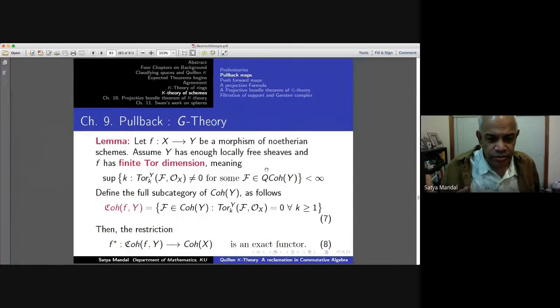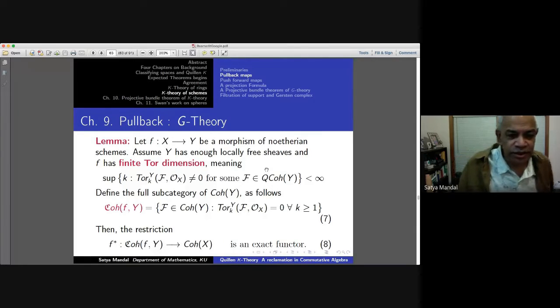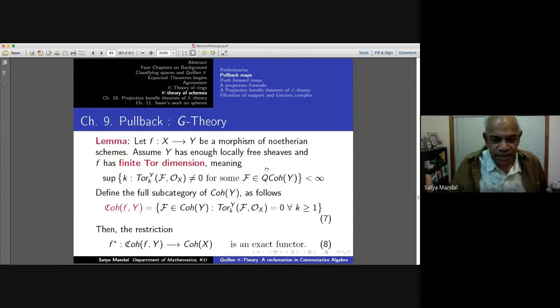The only time you can make comments is when you assume regular. Then they coincide, so you can make statements about the category of locally free sheaves. So I said nothing works, but with a lot of work, something works.